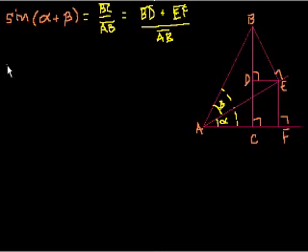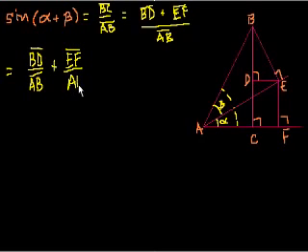And then we can, of course, rewrite that as equal to BD over AB plus EF over AB, right? So BD over AB plus EF over AB.